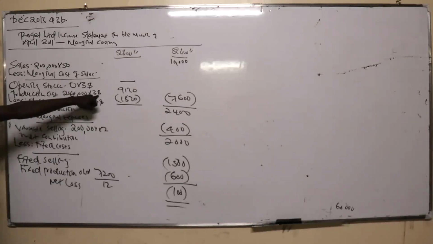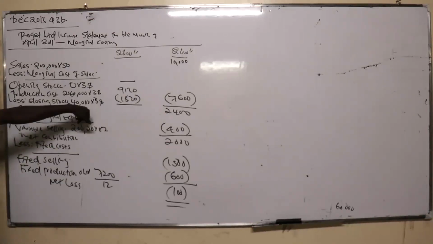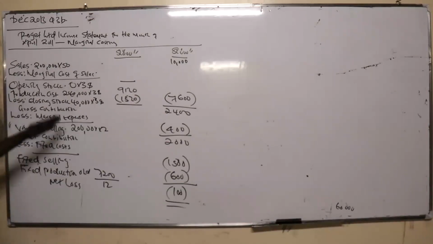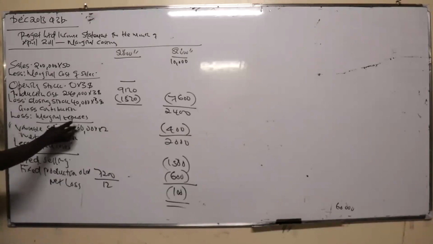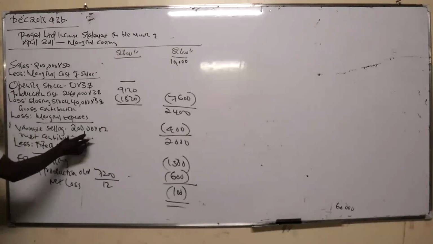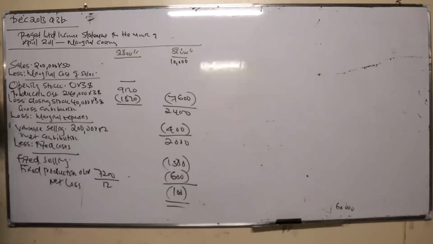In our question, it was 38, which is composed of material and labor cost. Closing stock at the same time is valued based on the variable production cost. So that is the key highlights. And then now you consider other marginal expenses or variable expenses first, before now you consider the fixed cost.